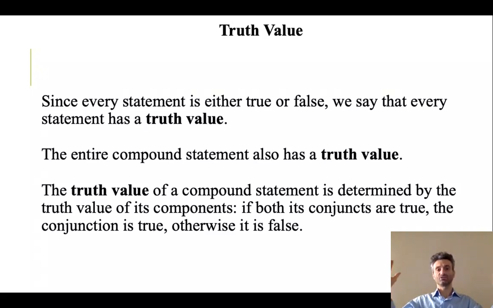This compound statement can be either true or false. Now, the truth value of a compound statement depends on the truth value of its individual components, individual statements. In this case, each conjunct of the statement will have a truth value, and each value will affect the truth value of the entire compound statement.